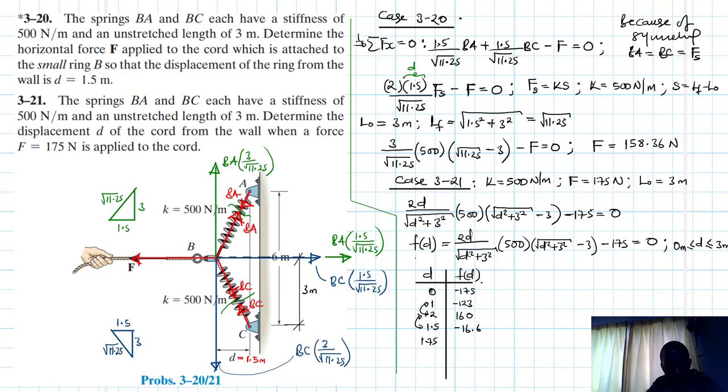So 2 by 1.75, divided by root of 12.0625 times 500 times root of 12.0625 minus 3 and then minus 175. So this becomes a 63, a positive value.